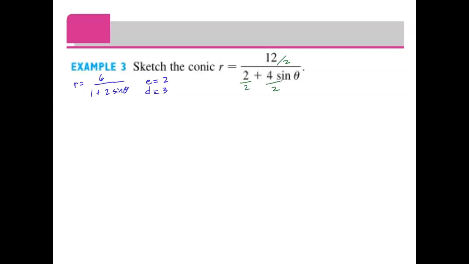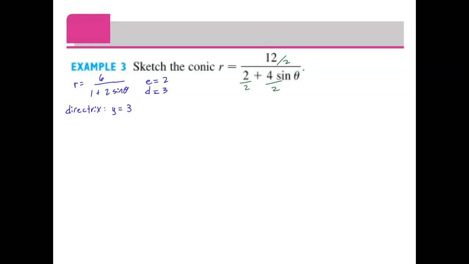And the equation of the directrix: first of all, is it x equals or y equals in this case? How do you know? Because it's sine in the denominator. It has to be y equals. Is it going to be y equals d or y equals the opposite of d? y equals d, and how do you know that one? Because it's positive in the denominator. Good. So it's y equals 3.